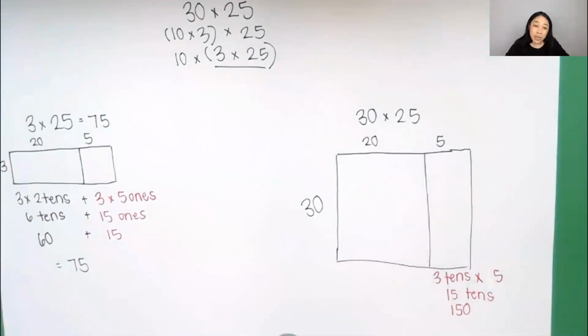Do we need to put a unit on the 5? It would be ones.